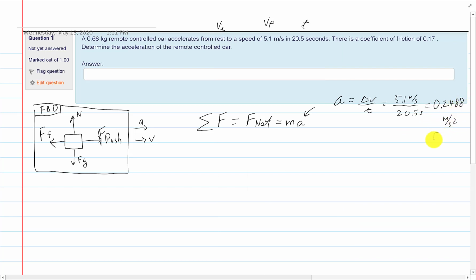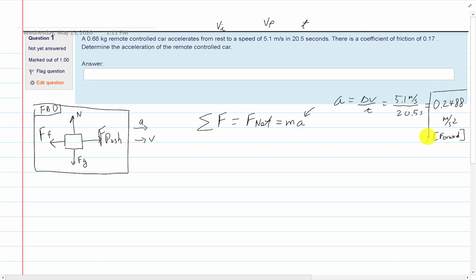If you need to put a direction, you'd go forward, because there's nothing here stating direction. And that's the acceleration that we put in.